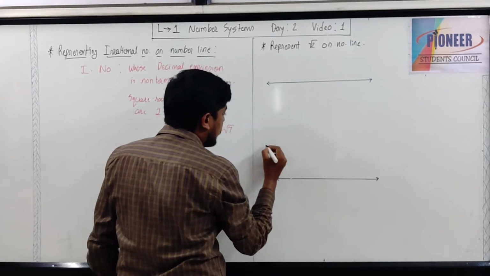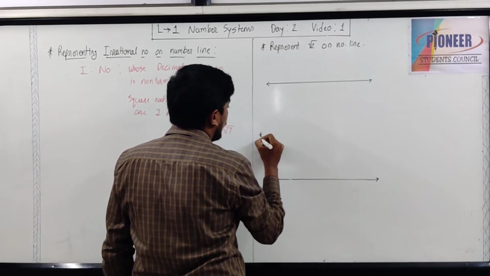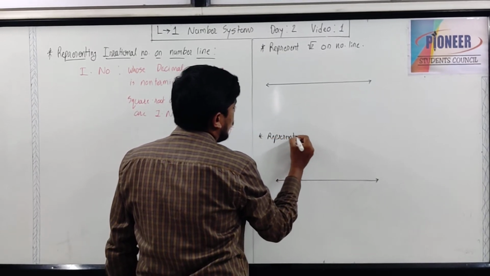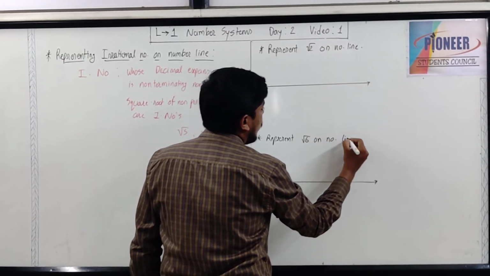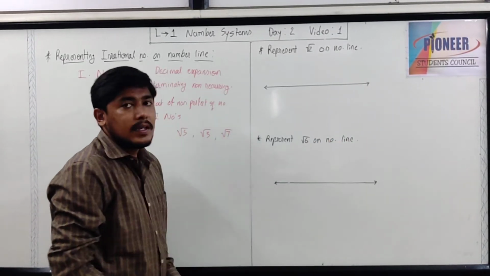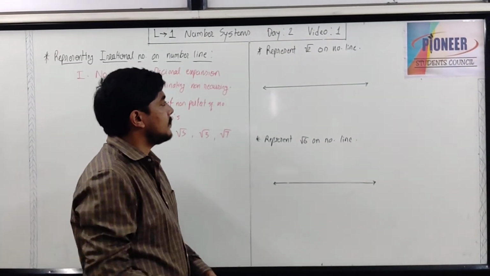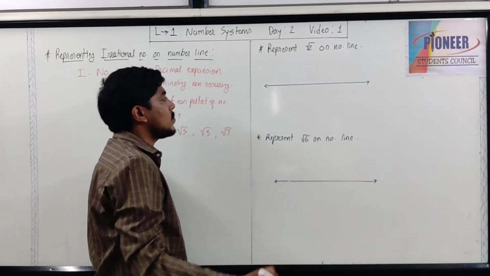And in the second example, we will learn to represent root 6 on the number line. Okay guys? Now see how to represent such numbers on the number line. This is a number line as we have done before also.